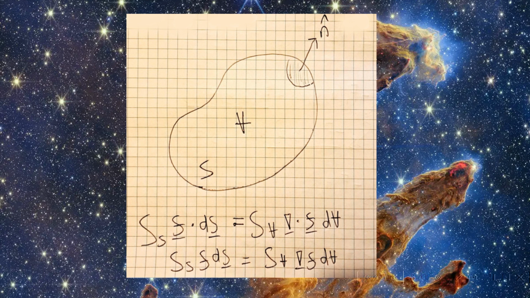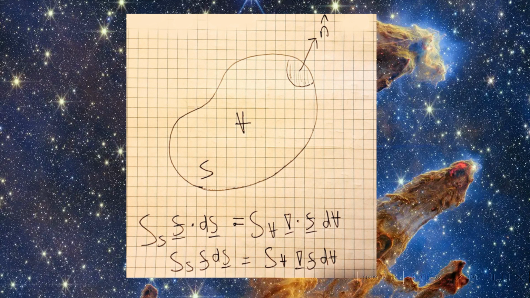And here I am crossing the V because I'm going to use regular v for velocity, and we want to save the other letters for other things. This theorem also applies to scalar functions, except that the volume integral would just be del f, not del dot f. And this also applies to tensors.